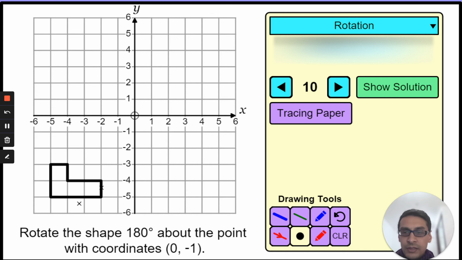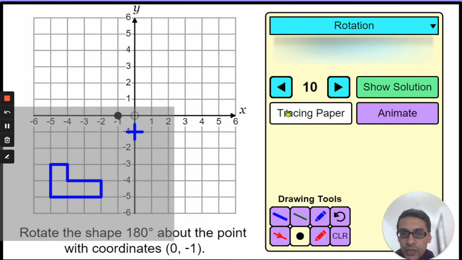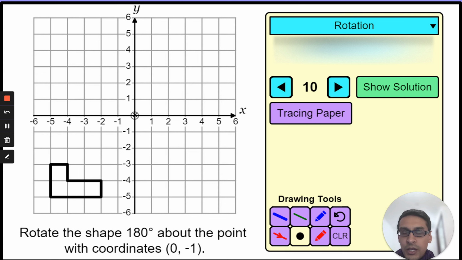Question 10. Rotate the shape 180 degrees about the point with coordinates 0, -1. So 0 and then go -1. There's our point. You then put your tracing paper on top and put your point. Oops, I've done the wrong point here. Silly mistake. It should be 0 and then you go 1 down. So actually 0, -1 is there.